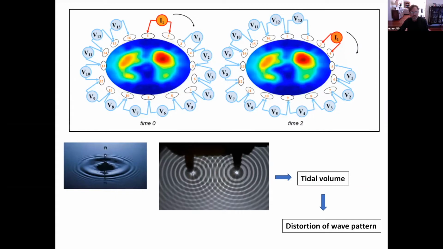Between the first and the second electrodes, we have a current injection, and the current injection is nothing else than creating a waveform pattern inside the chest. And if we start rotating to the third and the fourth electrode and inject there, we create another waveform.